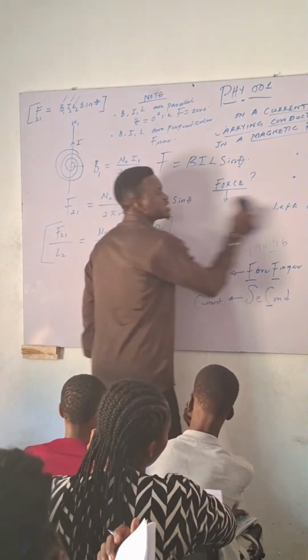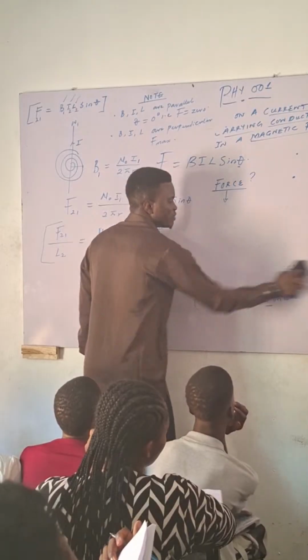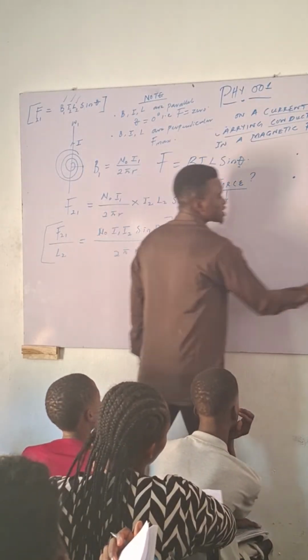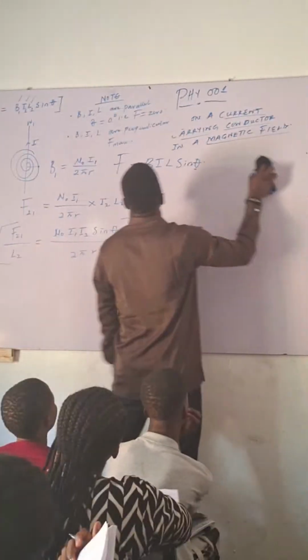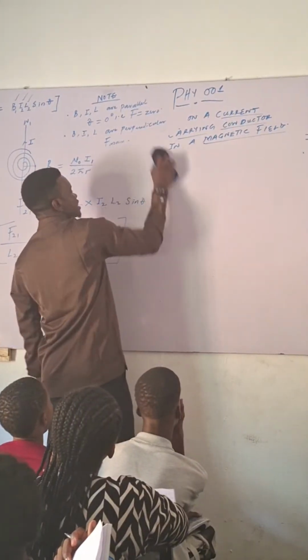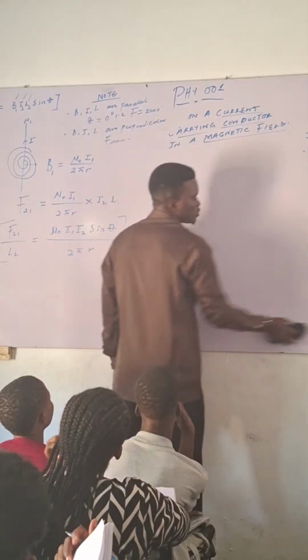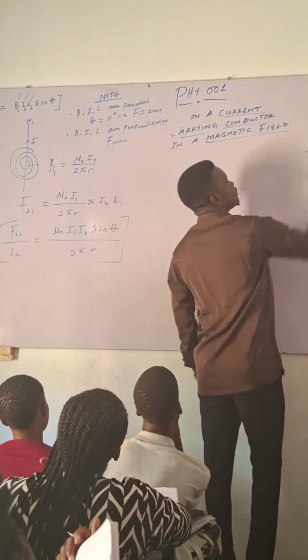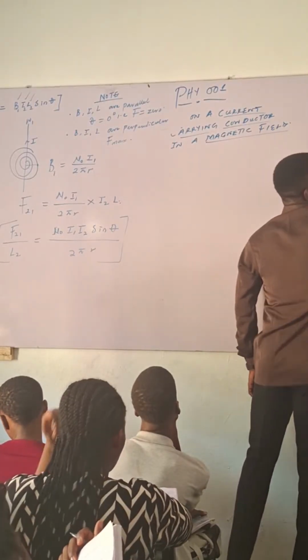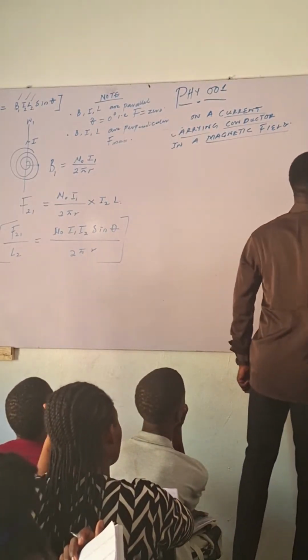When a charge enters a magnetic field, that charge is going to experience a force too. And the force experienced by that charge is also going to be determined by Fleming's left-hand rule. We are still going to do Fleming's right-hand rule.